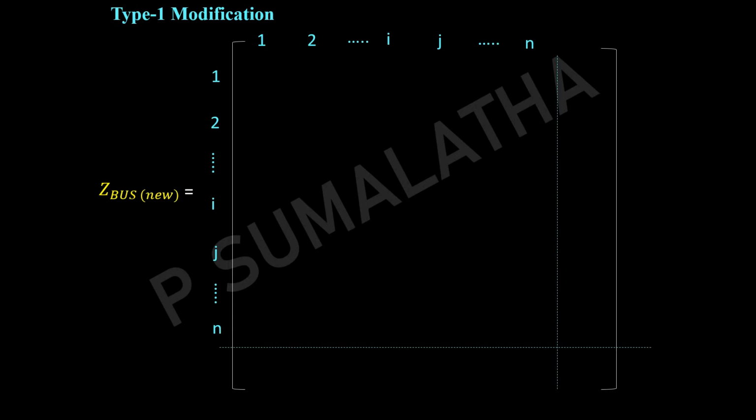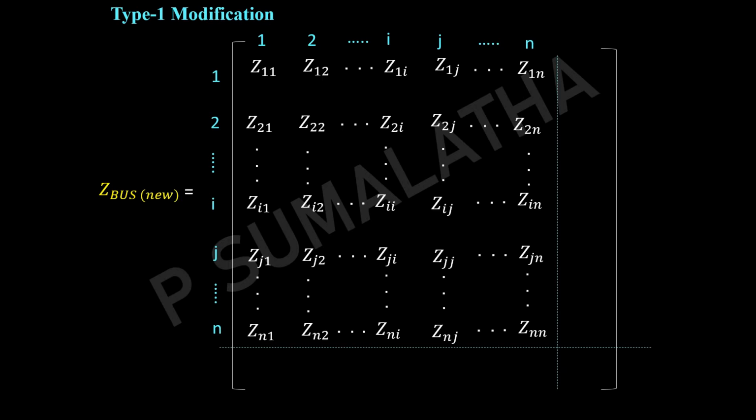So what is this Z bus old matrix which we have represented in the previous step? Whatever elements were there previously, you can take as they are and copy them as they are to your next step. Then we have to add the kth node. There will always be some impedance between the existing nodes and the new node, and that is what our interest is now.